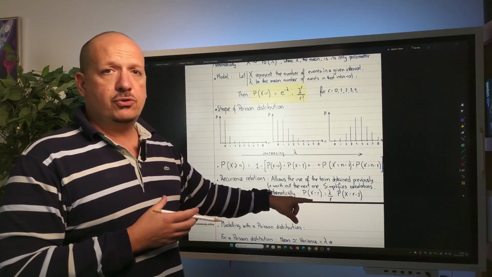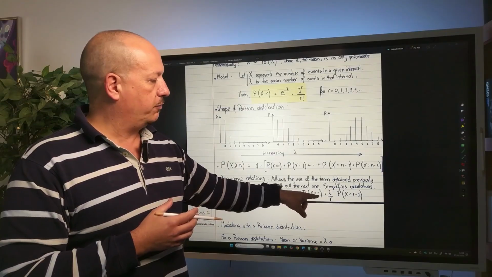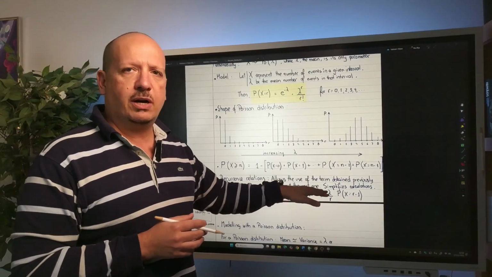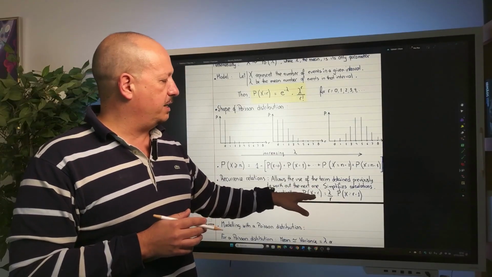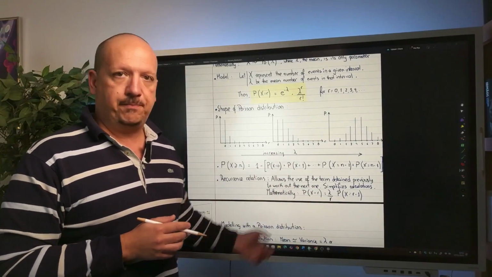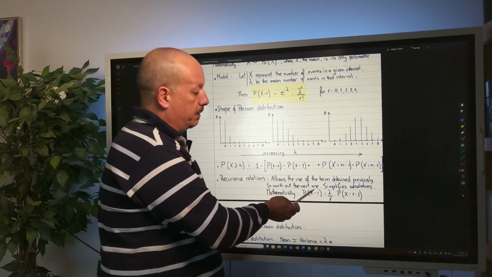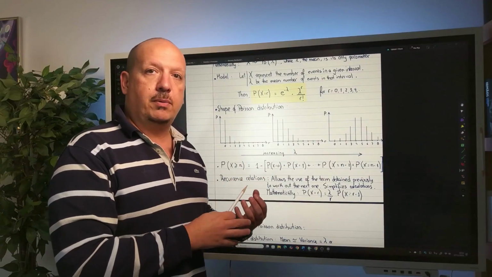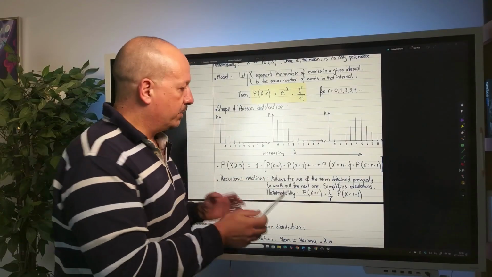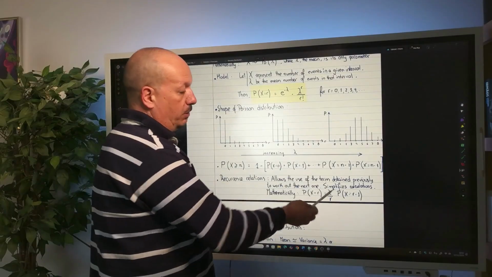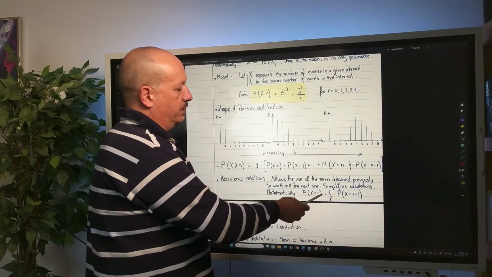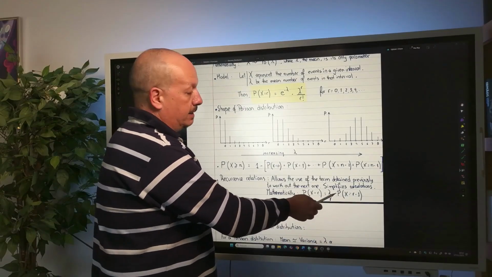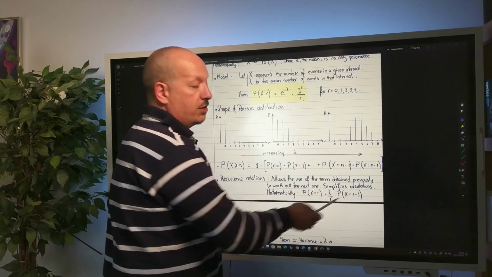Look at this, and I'm going to use an example with r equaling, for example, 3. Or I'm going to put a higher number because this is when you are actually going to use it. Let's say that r equals 10. If you want to calculate the probability that x equals 10, and you already calculated before the probability that x equals 9, you just do lambda, which you know is the parameter of the distribution, divided by 10 times the probability that x equals 9.